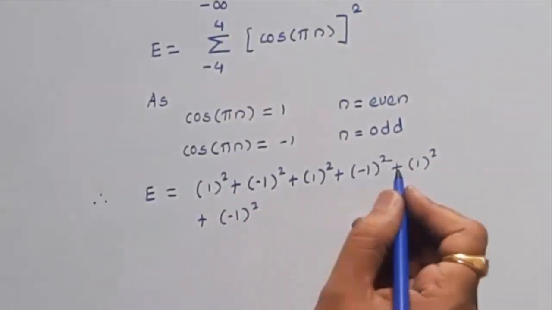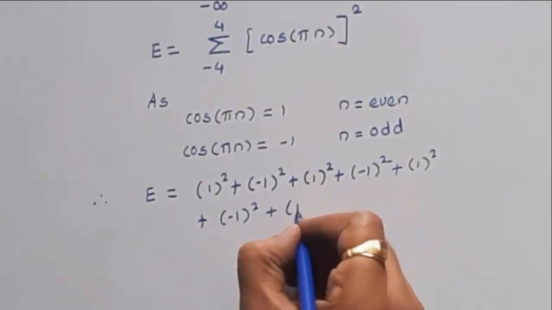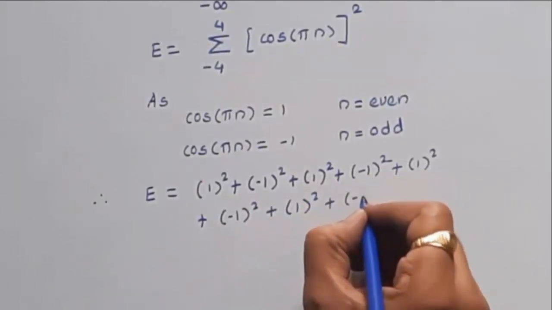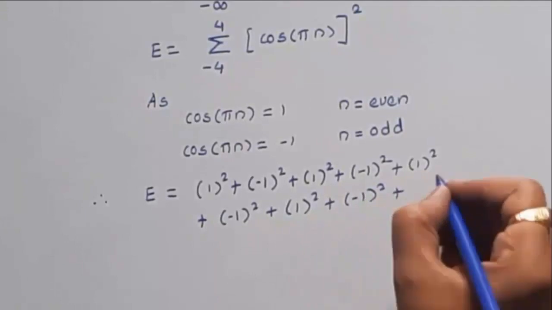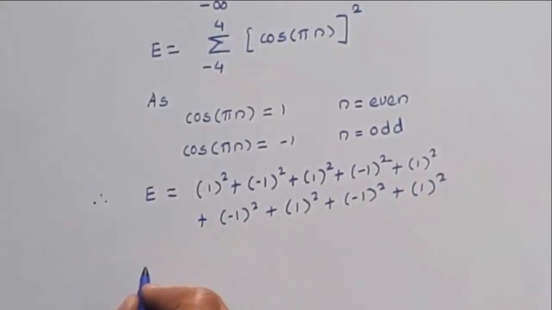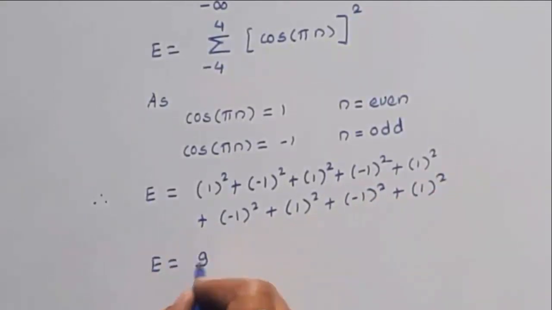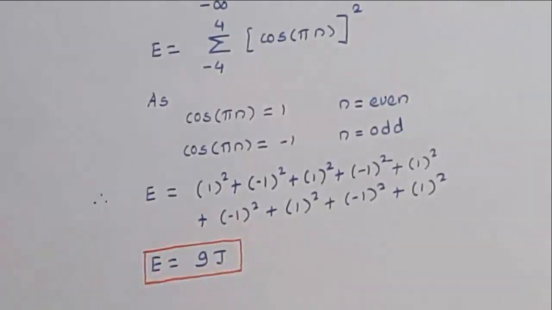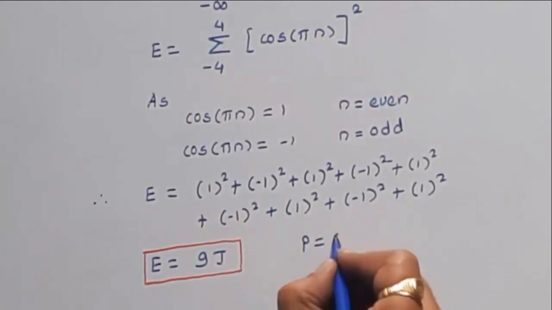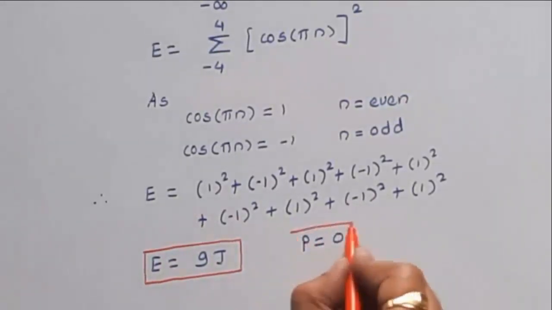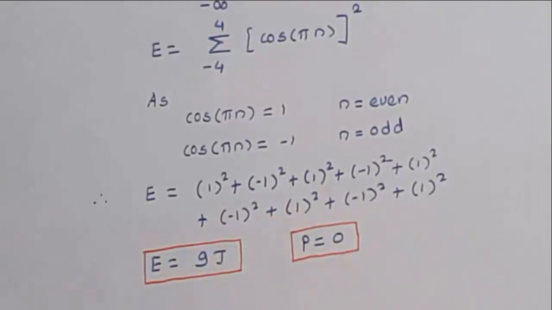So 9 times we will get this square term. Whether it is plus 1 or minus 1, square will remain 1. So all 9 square terms result into 1. So addition of 1, 9 times will be 9. So energy of the given signal is 9 joule. As it is an energy signal, its power is 0.